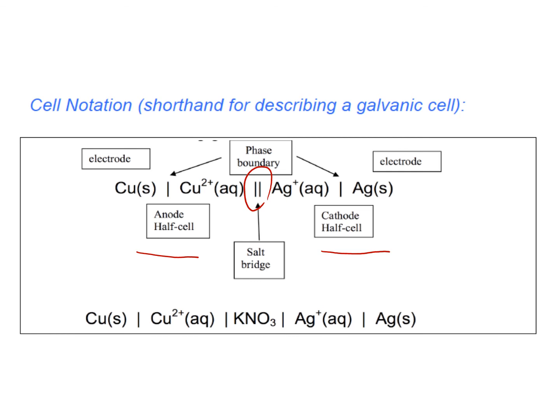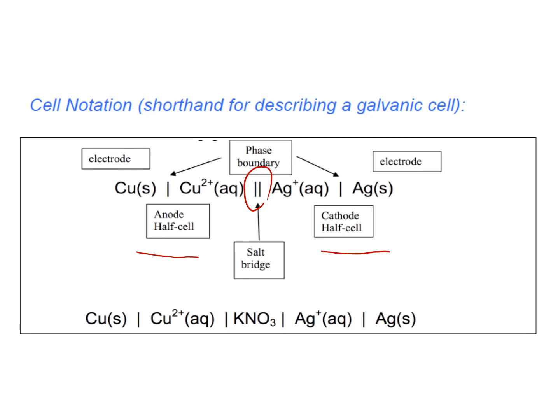The double bar represents the salt bridge, meaning the separation between the two. Okay, and then the single bar is the phase boundary, because we have the solid electrode and then the dissolved ions in the solution. So that's the phase boundary, solid and then the liquid, the solution. So the single bar represents the phase boundary.